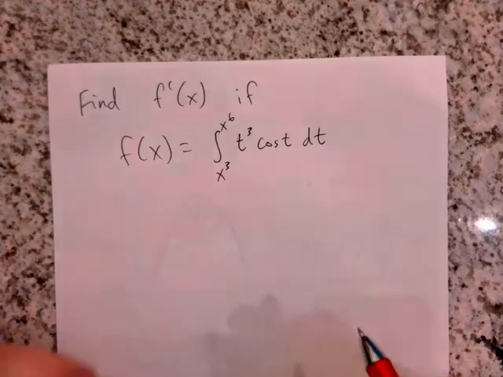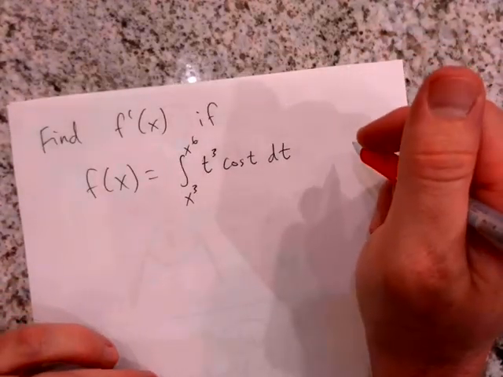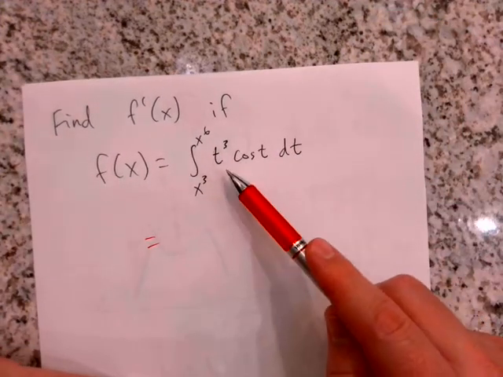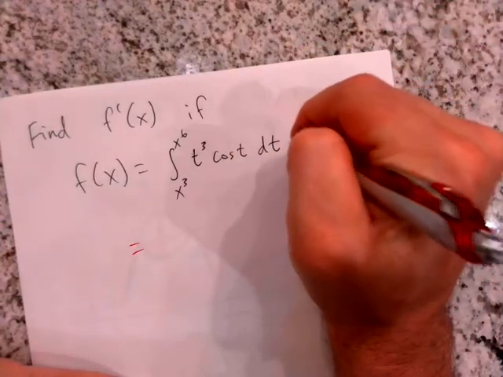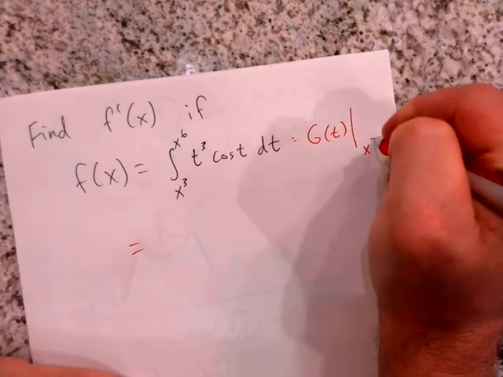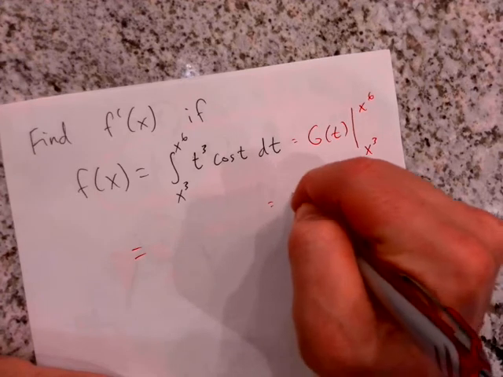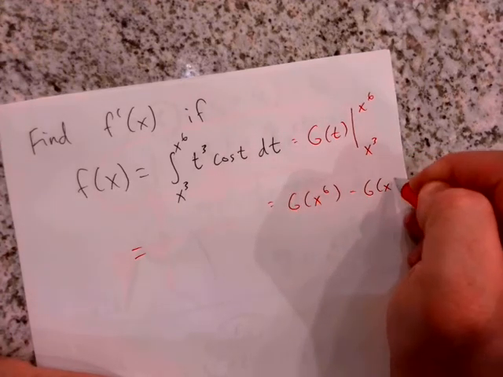So pretty much the shortcut is that if you were to do this integral, you would find the antiderivative. We'll call the antiderivative capital G of t. And then you would evaluate it from x cubed to x to the sixth, which would be G of x to the sixth minus G of x cubed.